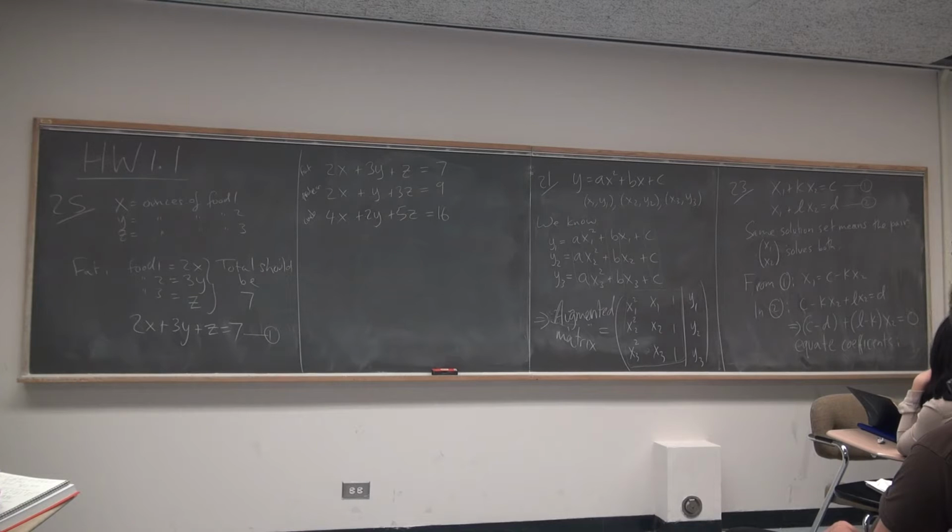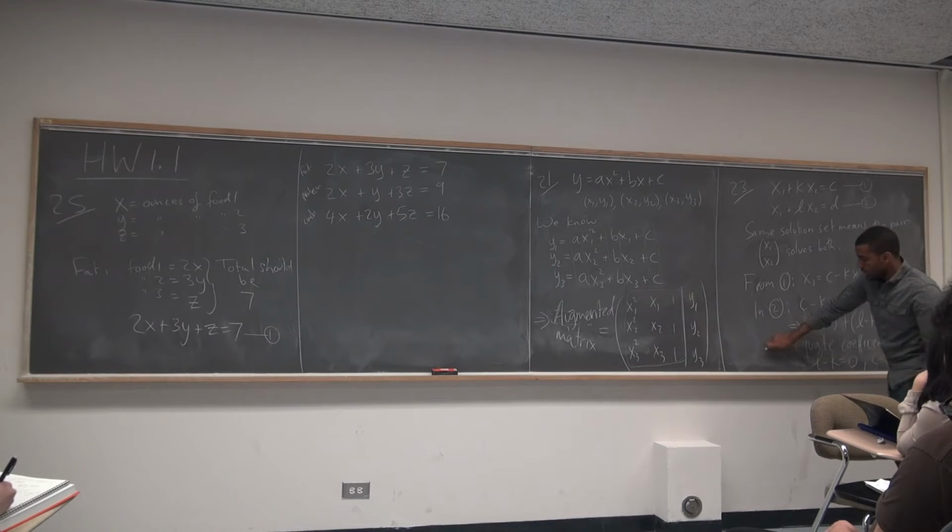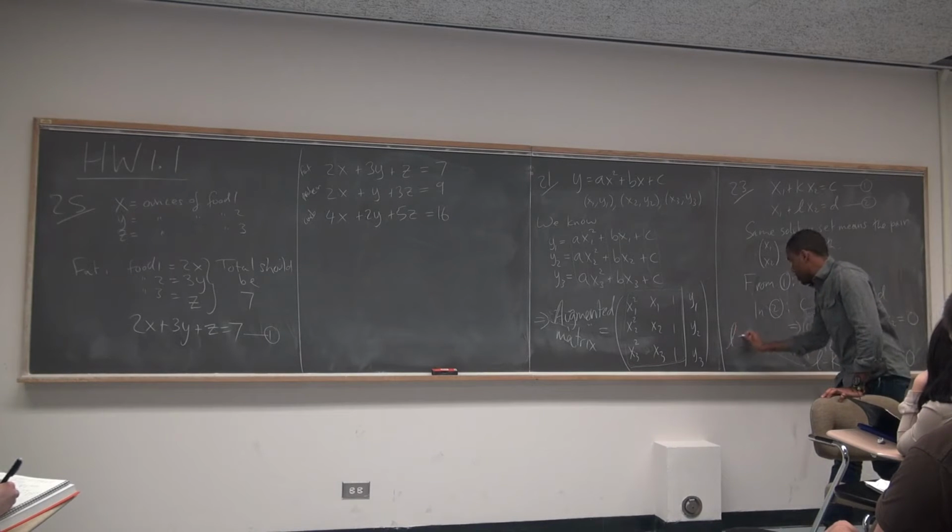Which means that the coefficient of x2 on this side must be equal to the coefficient of x2 on that side. And so I know that L minus K must be equal to 0. Same thing, the constant term on this side must be the constant term on that side, which is also 0. So C minus D equals 0, which gives you the desired conclusion. Your L must be equal to K, and your C must be equal to D.